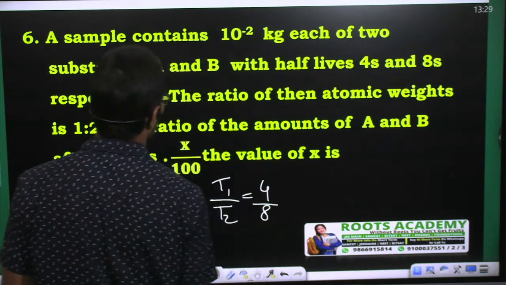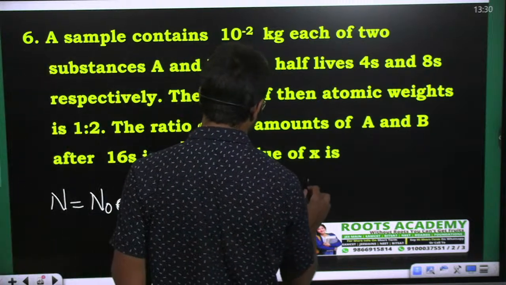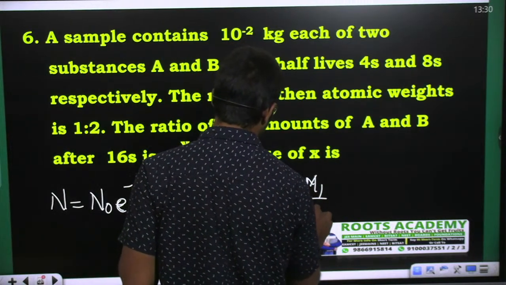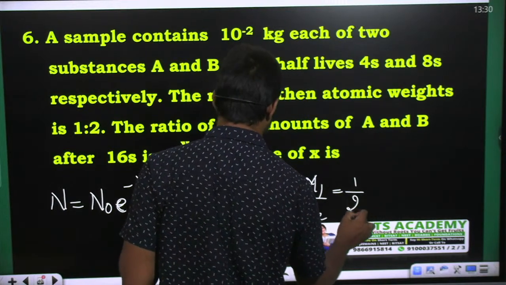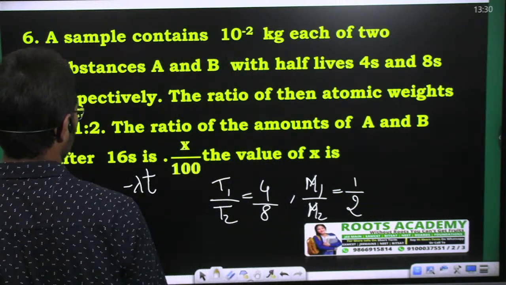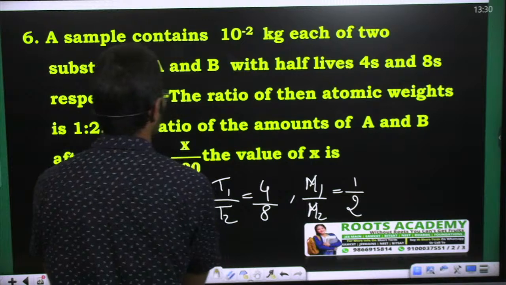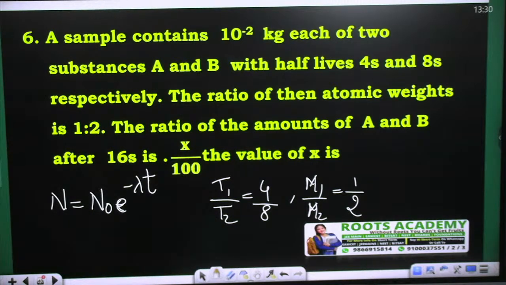And their atomic weights M1 by M2 is equal to 1:2. So the ratio of atomic weights is given. Then the ratio of amounts of A and B after 16 seconds. After 16 seconds, how do you solve this?